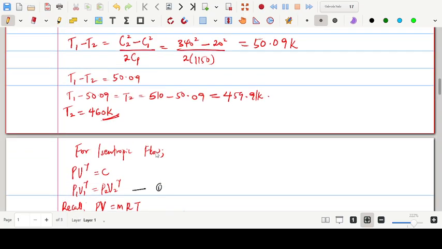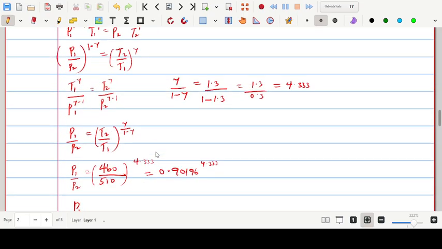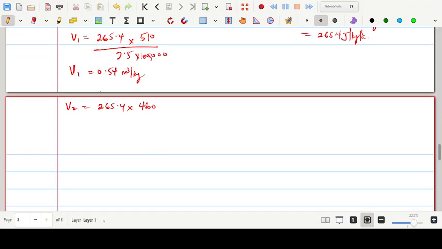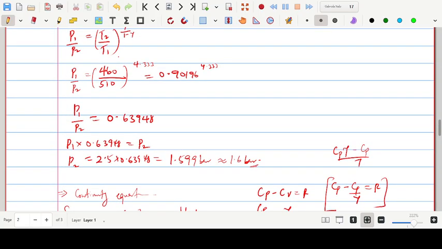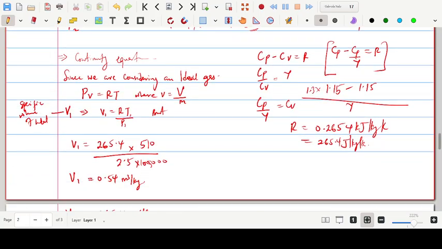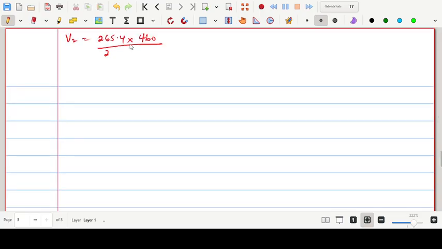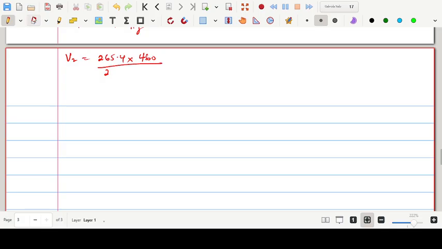Yes, it was 460. Now divided by P2. Our P2 we calculated is 1.6 bar, so we must use the value appropriately. So this one is 1.6 bar.